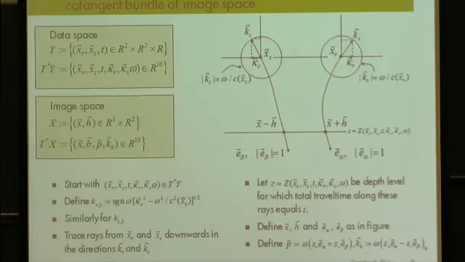If you think about data space, it's really a set of receivers, sources and times, and in the cotangent bundle you have of course also wave momenta associated to these. I'll call these kappa r and kappa s and omega.